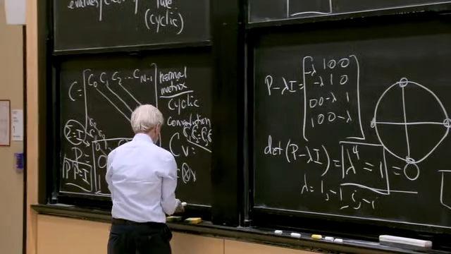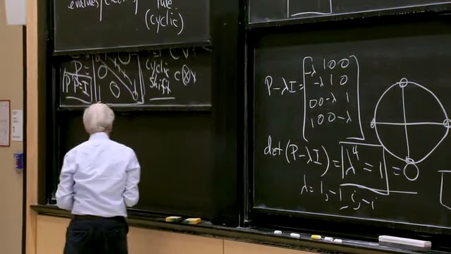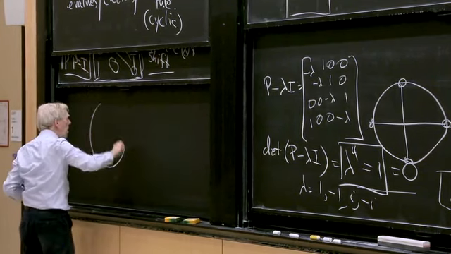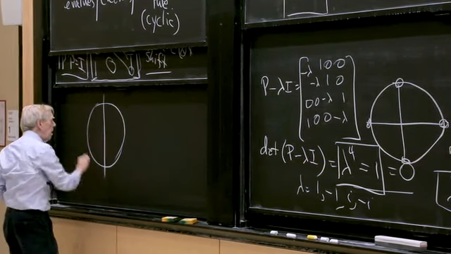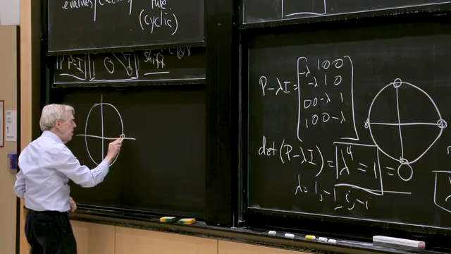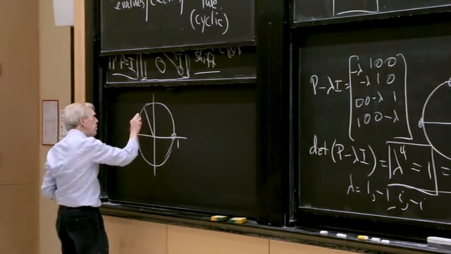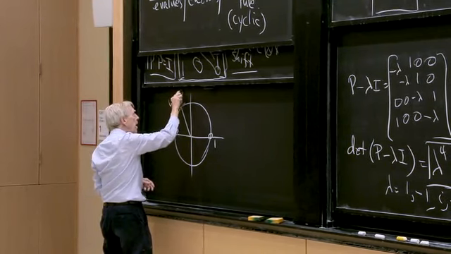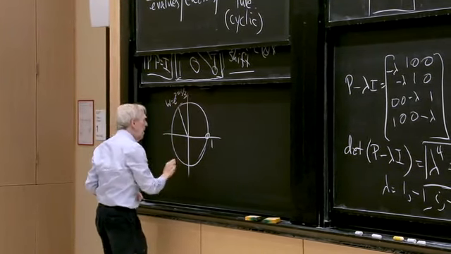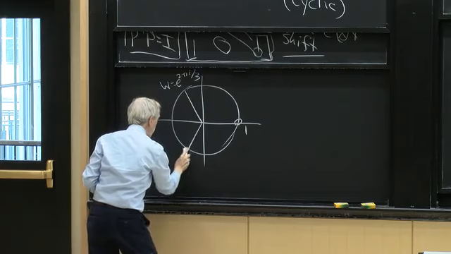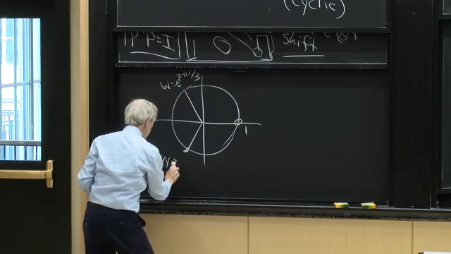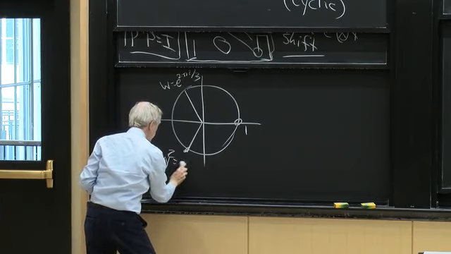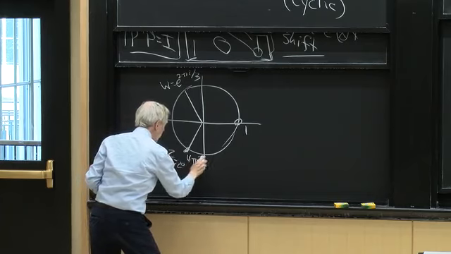But what about a 3 by 3? So for 3 by 3, W would be e to the 2 pi i over 3. And then this would be W squared, e to the 4 pi i over 3.